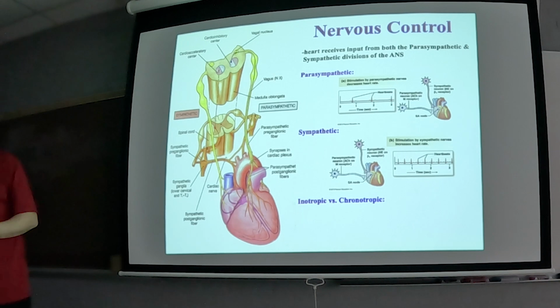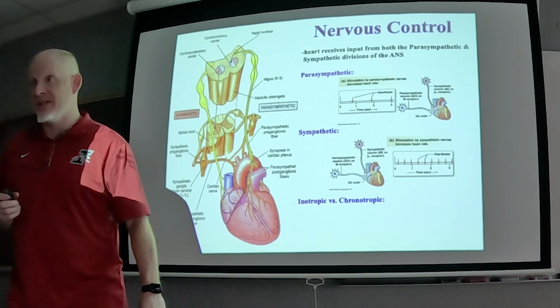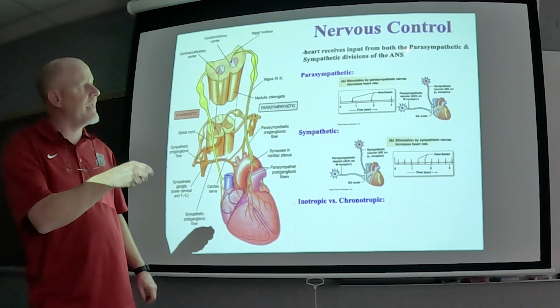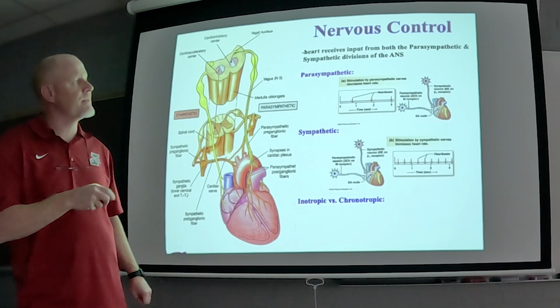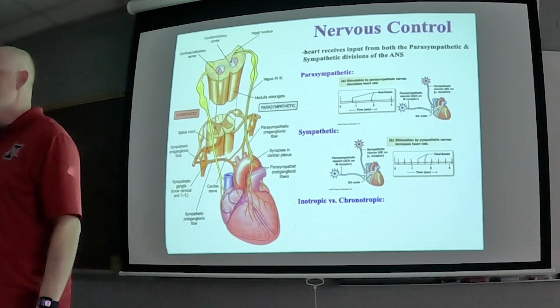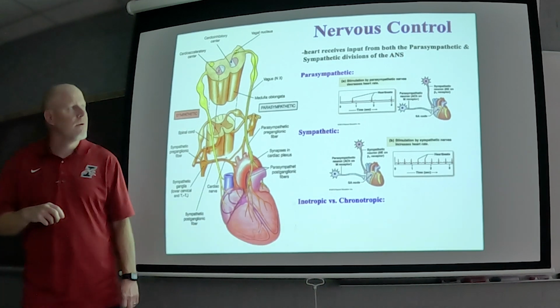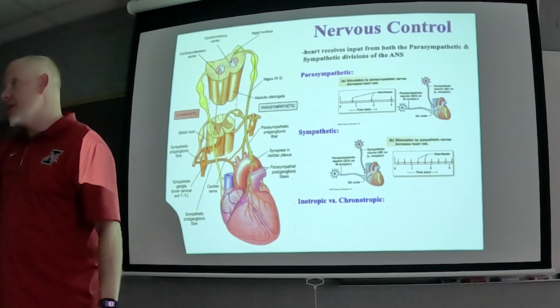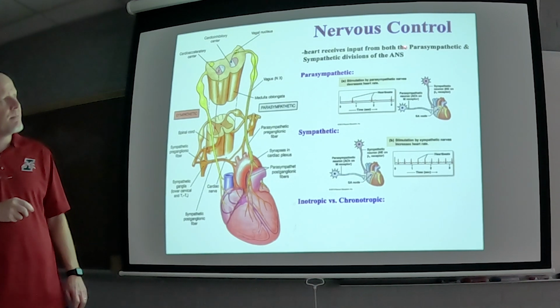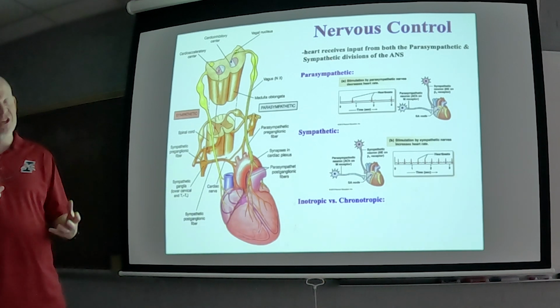Now, the part of the nervous system that does this is called the autonomic nervous system, the ANS. There are two divisions to the autonomic nervous system. We'll talk again about these a little bit when we get to nervous tissue. They're called the parasympathetic branch and the sympathetic branch, or division, if you will.